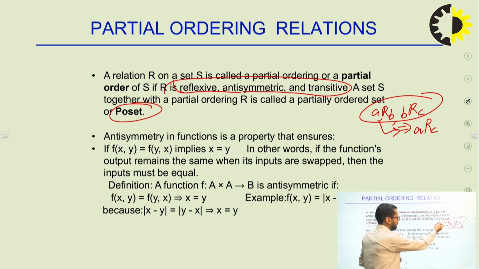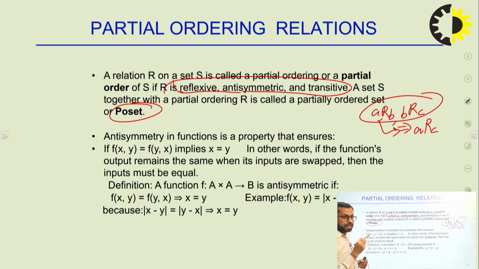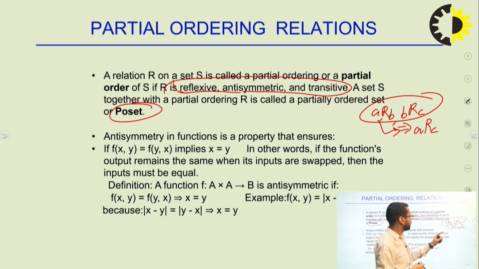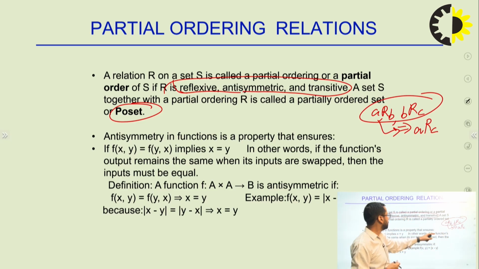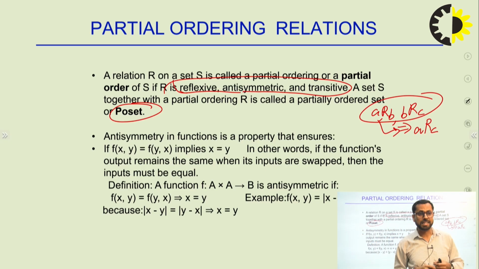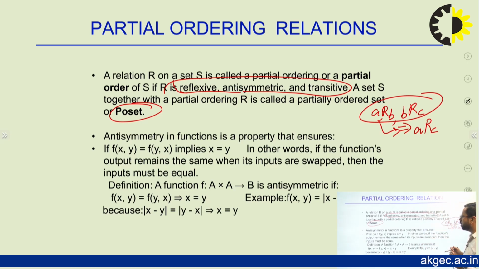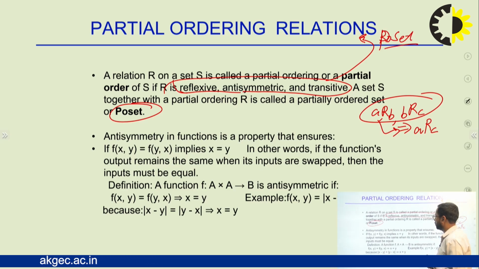Because when A R B, that means A is connected with B, and B has a relation to C, then if A R C is also present in the given relation, we can say it is transitive. So when we identify that these three properties exist, we can say that it is a partial order relation, or a Poset, partial order set.